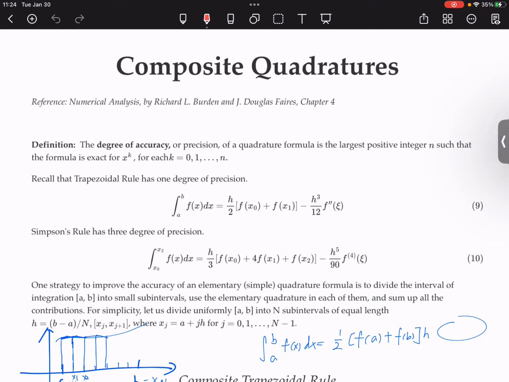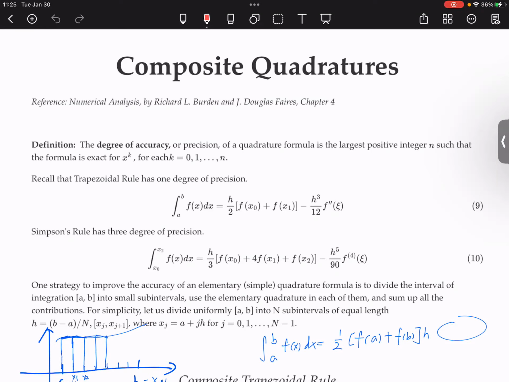We have the trapezoidal rule, and let's take a look at its degree of precision here. The degree of precision is 1.